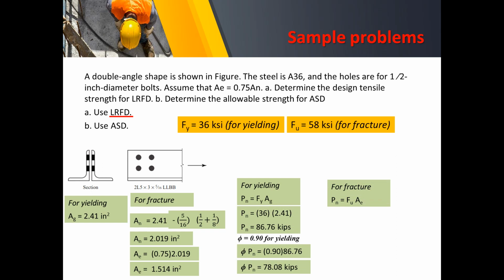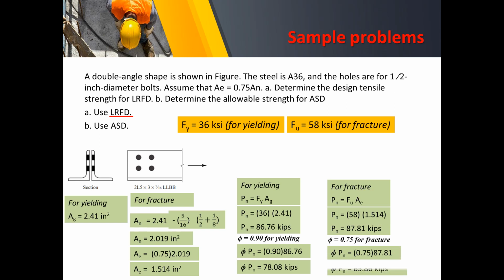And then for fracture, we have here Pn, 58 times 1.514. That will yield 87.81. We have the resistance factor for fracture, 0.75. And then phi Pn is 0.75 times 87.81.